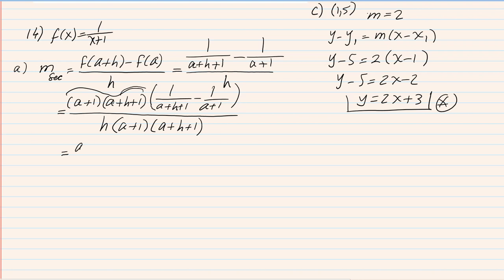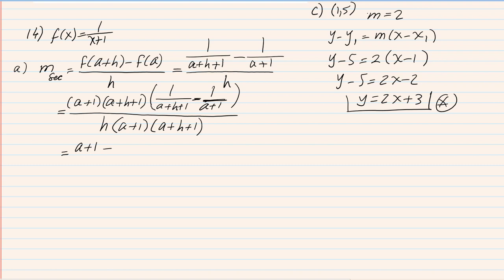So this is going to be a plus 1, because a plus h plus 1 disappears, minus the second distribution of the factor in front of the parentheses times the fraction 1 over a plus 1. This time a plus 1 and this a plus 1 disappear, right? Those cancel, cross out.